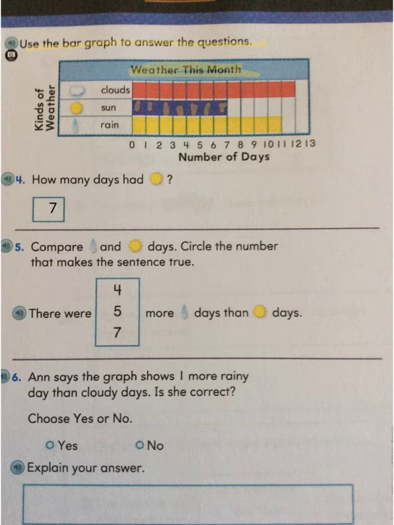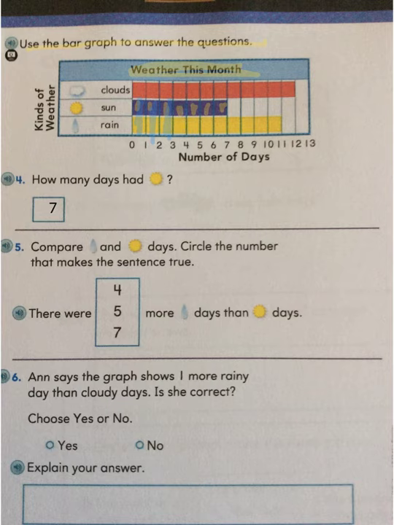Okay. All right, let's go to the next one. It says compare rain and sunny days. Circle the number that makes the sentence true. Okay, so it says there were 4, 5, or 7 more rainy days than sunny days. So this is where we need to match up. Okay, so let's match them up, sun to rain.